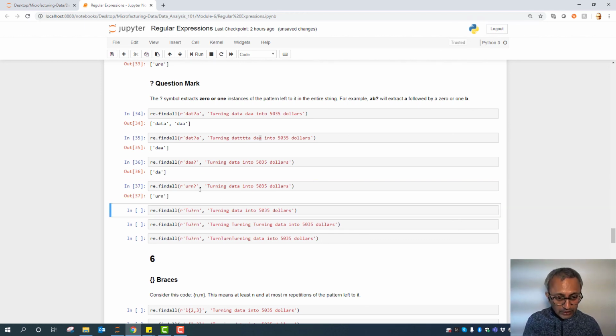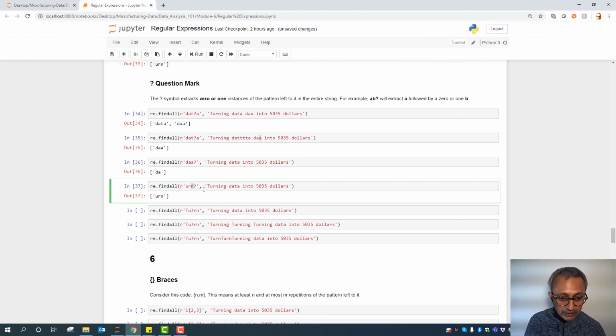So here it's looking for N, 0 or 1 occurrence. Is it able to find N before the question mark? Yes, it is able to find.